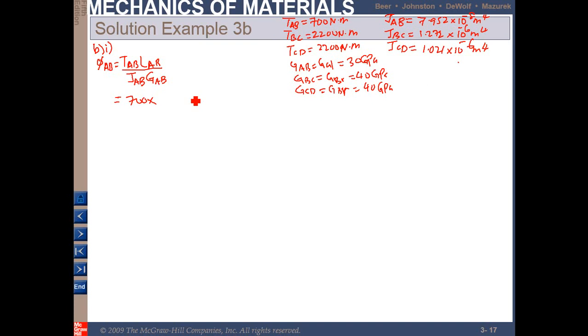520 millimeter. So the length of AB is 520 millimeter. So we draw here. This is AB, so this is 520 mm from here to here.